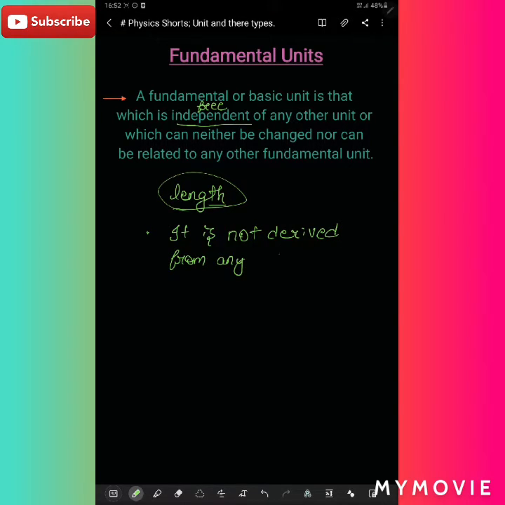For fundamental unit I am adding FU. It is not derived from any fundamental unit, and it is independent. It is a free unit. It cannot be changed, nor can it be related to any fundamental unit. So I hope fundamental unit is clear to you.